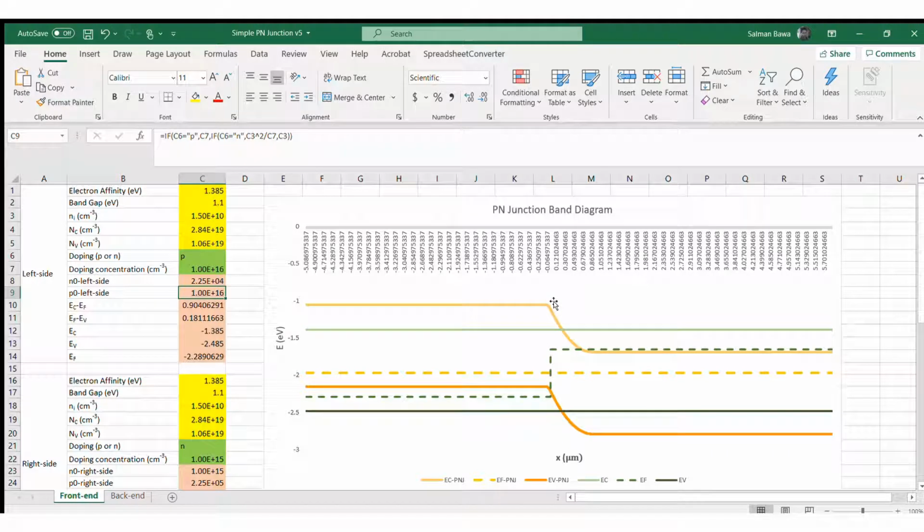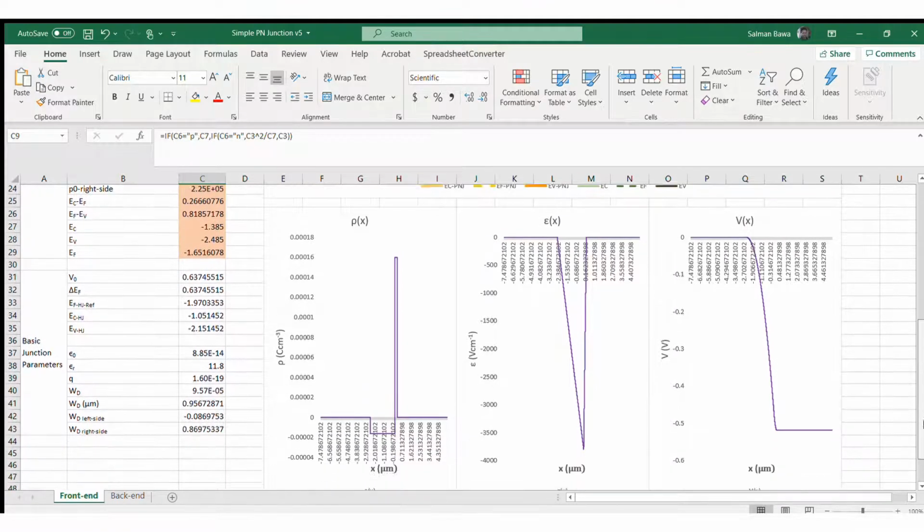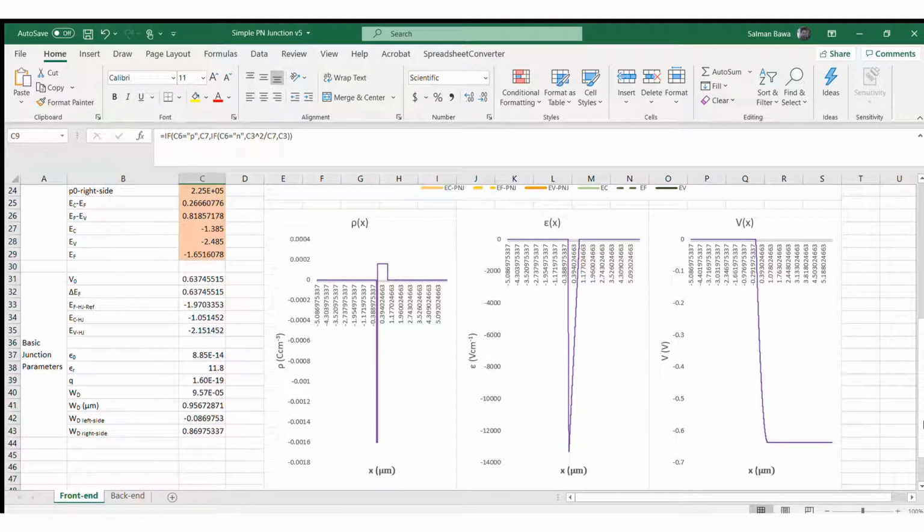The energy levels are going to drop in such a way that the P side width of the depletion region is much less than the width of the depletion region on the N side, or in this case, the right-hand side. And this is also verified by the plots of the charge density, the electric field, and the potential.